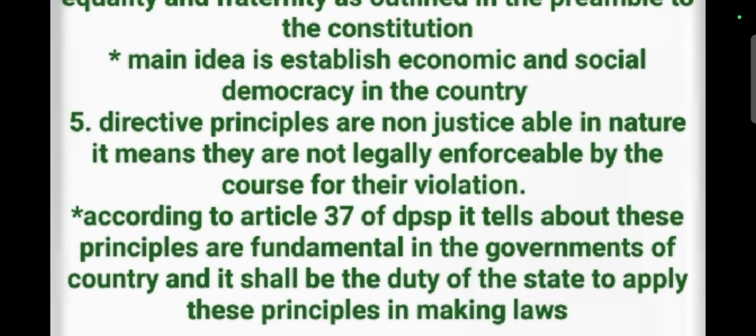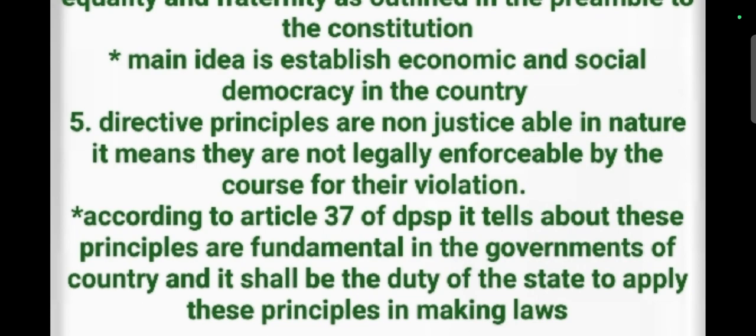That's why the main concept of the directive principles of state policy is to become a welfare state, not like a police state, which existed during the colonial era under the British government. And the main idea of this DPSP is to establish economic and social democracy in the world.